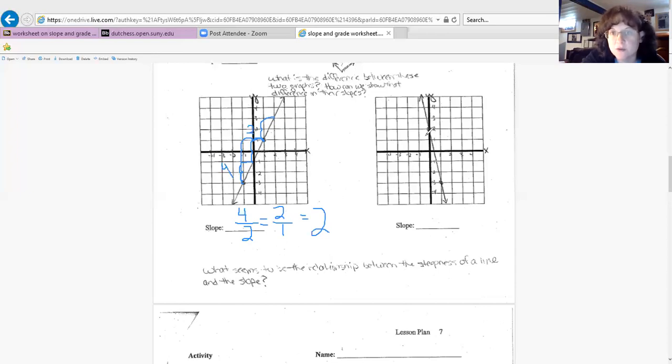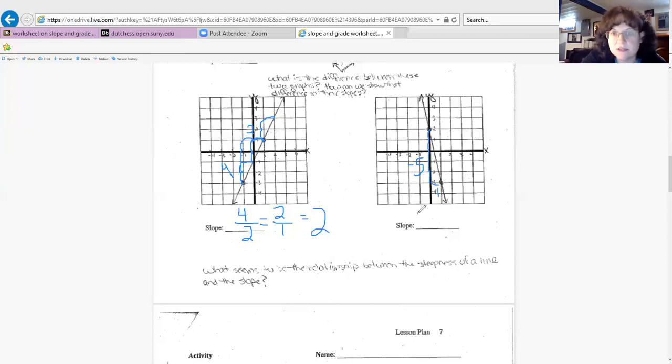Now let's compare it to this one. How am I going to get from the leftmost point, which is here, to the rightmost visible point, which is here? So if I start here, I'm going down 1, 2, 3, 4, 5. So this will be a -5, as we saw above, because I'm going down. And then this is just to the right 1.